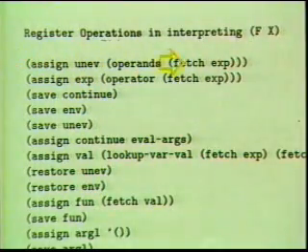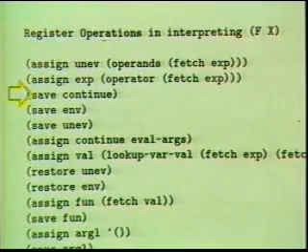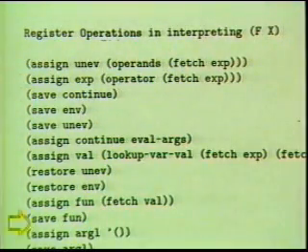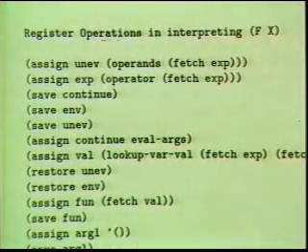It pulls the operands out of the exp register and assigns it to unev. And then it assigns something to the expression register, and it saves continue, and it saves env. All I'm doing here is writing down the register assignments that the evaluator would have done in executing that code, and you can zoom out a little bit. Altogether, there are about 19 operations there. And this will be the piece of code up until the point where the evaluator branches off to apply dispatch.